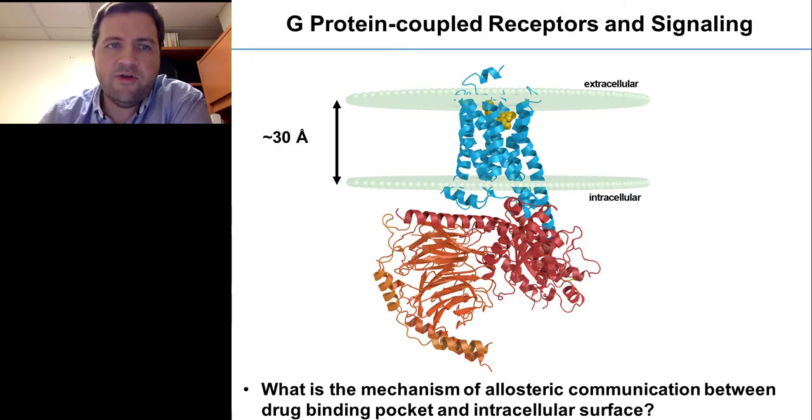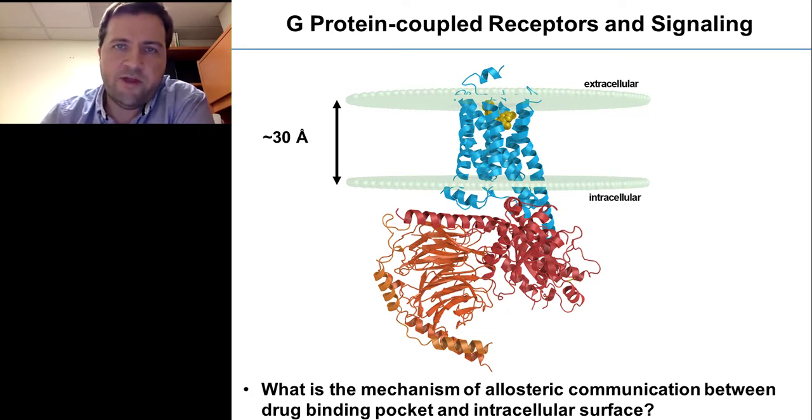Now, one of the questions that really intrigued me is, what is the mechanism of allosteric communication between the drug binding pocket and the intracellular surface? So on this slide, we see an example of a GPCR G protein complex, and the drug is shown in a space-filling representation toward the top of the blue GPCR near the extracellular surface.